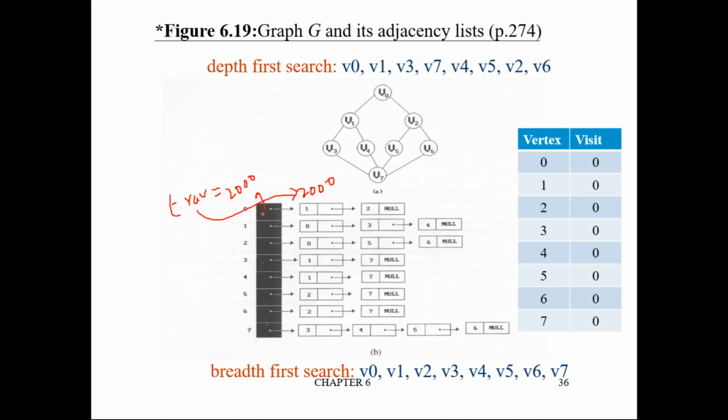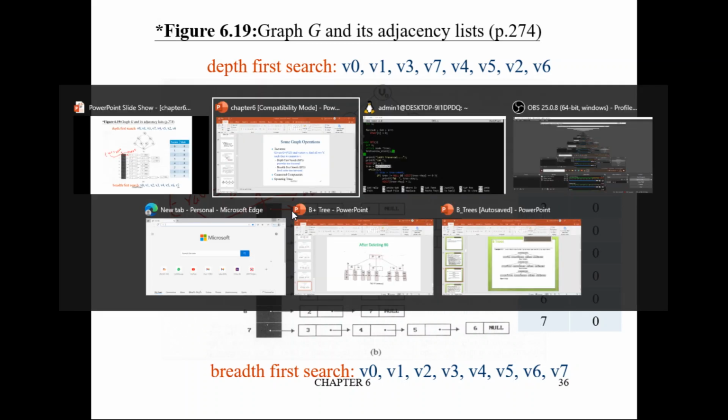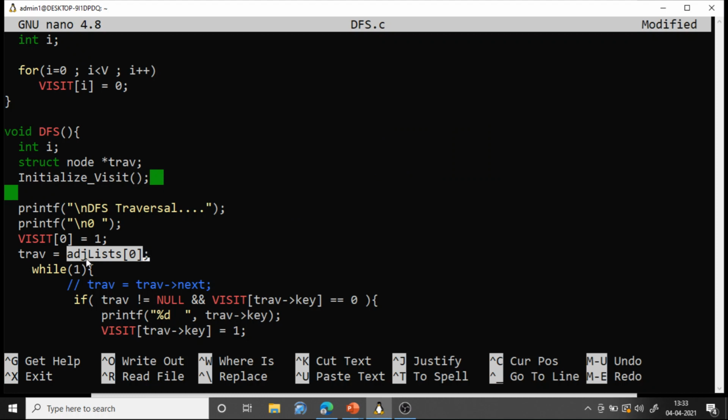That is the meaning. So now we make traverse point to where adjacency list of 0 points.